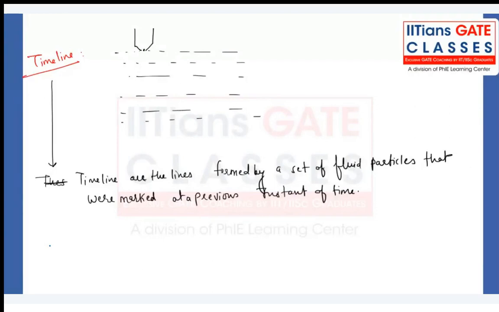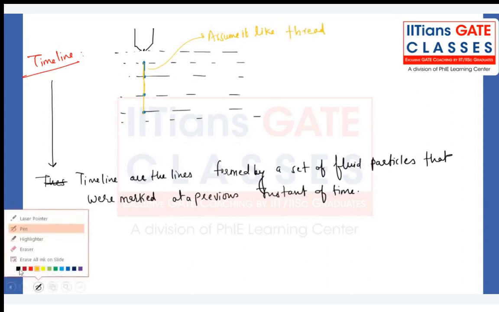For example, particle 1 is here, particle 2 is here, particle 3 is here, particle 4 is here, and just connect all the four particles by some line, just like a thread. Assume it like a thread. All the fluid particles are basically connected to this thread, right?